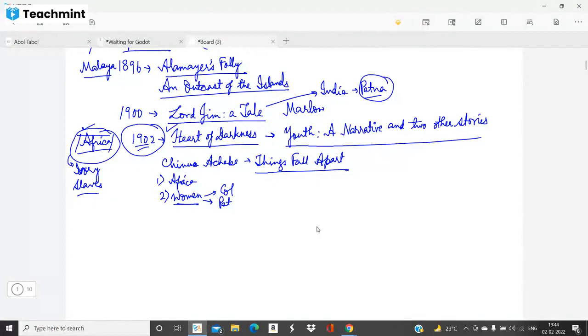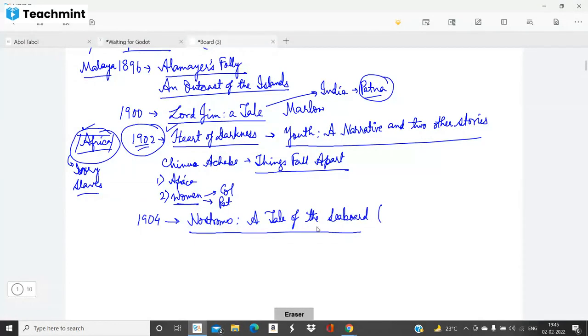And the next collection, which came out in 1904, was called Nostromo, a Tale of the Seaboard. This came out in 1904, as I have already mentioned.